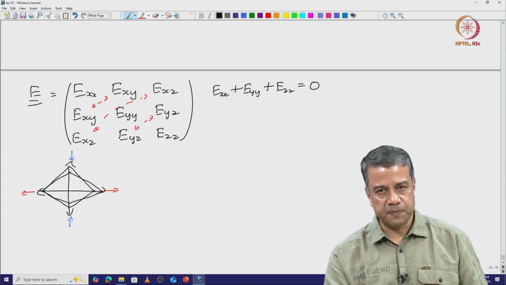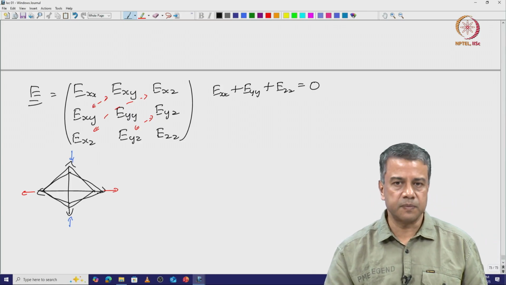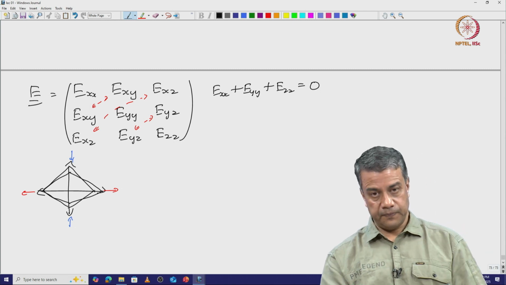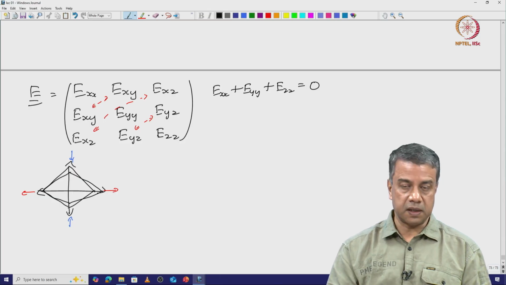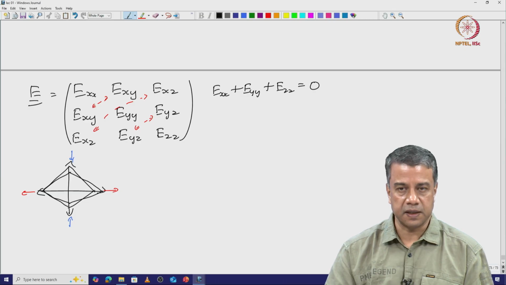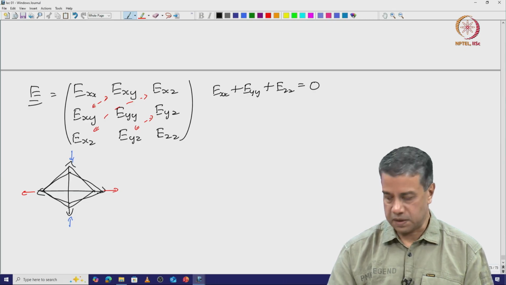Expansion along the x axis in this case, compression along the y axis, in such a way that there is no net change in volume, and no rotation of the axis. So, this is extensional strain, the symmetric traceless part.